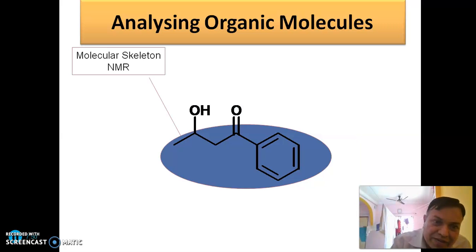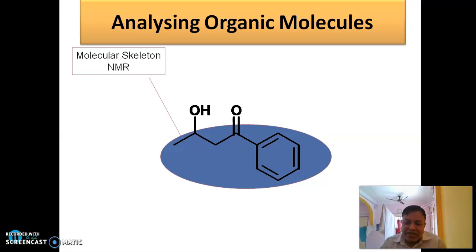With NMR spectroscopy, we get information regarding the skeleton of the molecule: the number or type of protons present, the arrangement of nuclei, and the situation of nuclei in different areas of that particular compound.